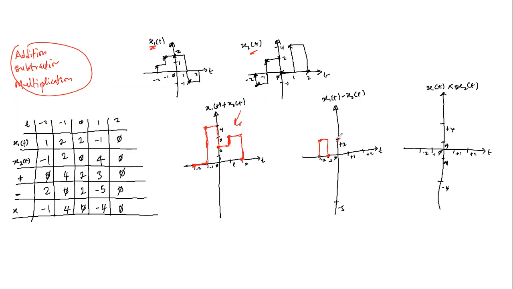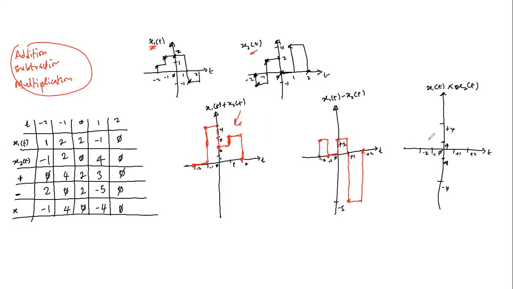So say here. At t equal to 1, the amplitude value comes to -5. So it comes this way. Then at t equal to 2, it comes back to 0. So that's what we get.